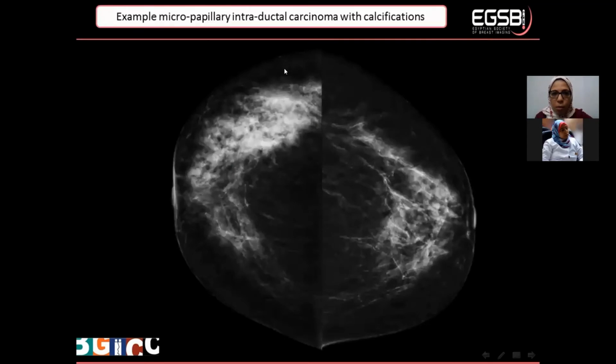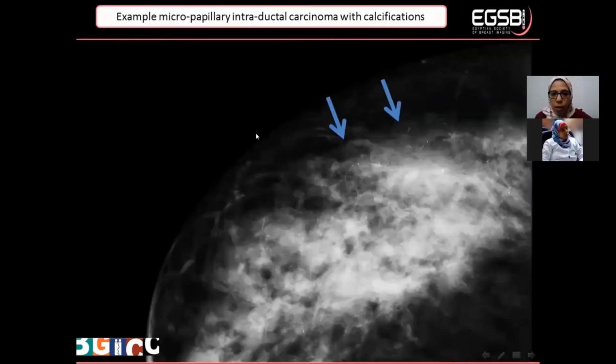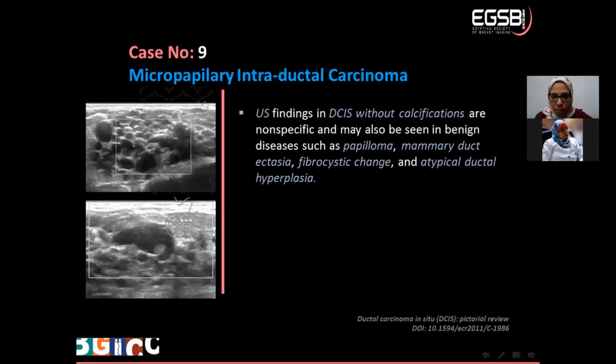I'm just sharing with you here another image for another case, which also was proven by pathology as micropapillary carcinoma. But with calcification, as you can see here, they are like twin images, but this one was of a higher grade. And when we magnify the image, you can see here clearly these suspicious fine polymorphic calcifications associated also with nodular densities in this asymmetry.